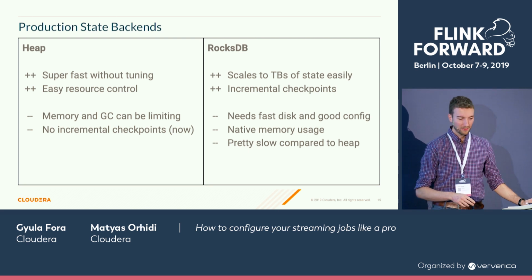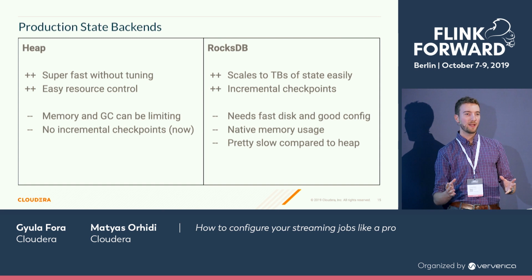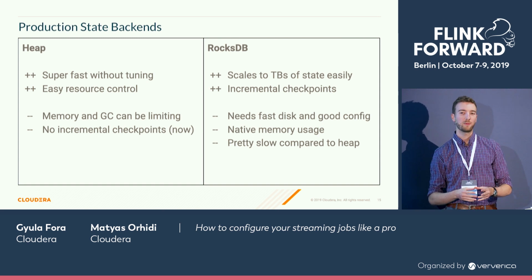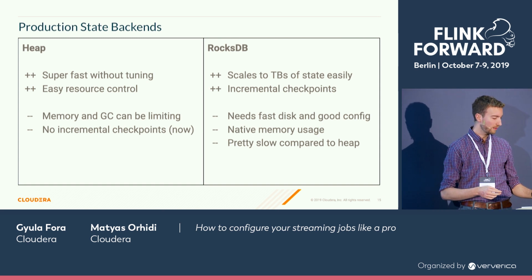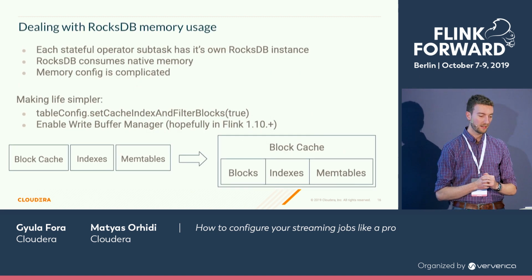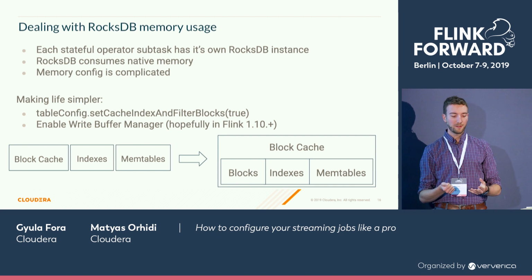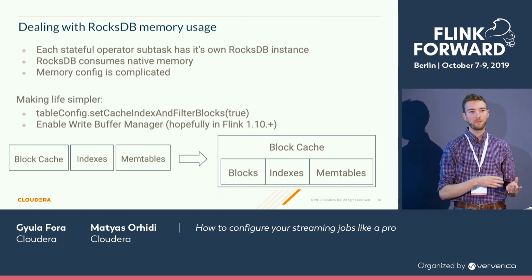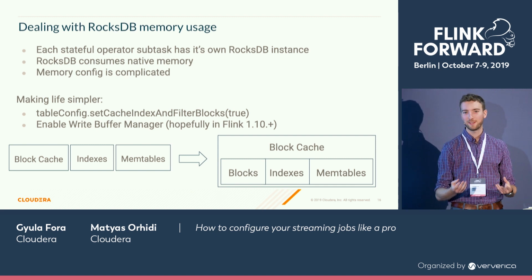Yeah. So I don't want to talk about the heap state backend anymore, but I think we need to look into RocksDB a bit closer, at least to look into the memory usage. So in order to understand how RocksDB uses memory, we need to understand how Flink uses RocksDB.